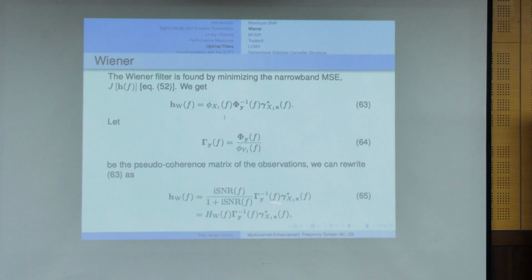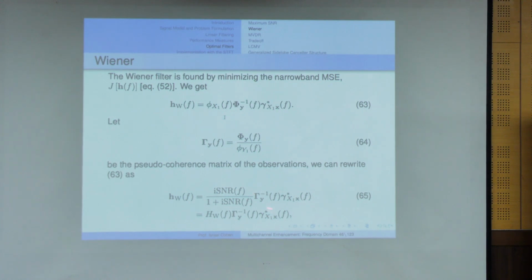And this is a nice formulation for the Wiener filter because it shows it's a multiplication of two components. One component is the gain that was derived for the Wiener filter in the single channel case. For the single channel Wiener filter, it is the input SNR divided by 1 plus input SNR. So this is the gain obtained for single channel.